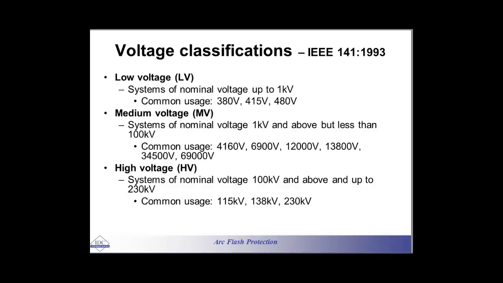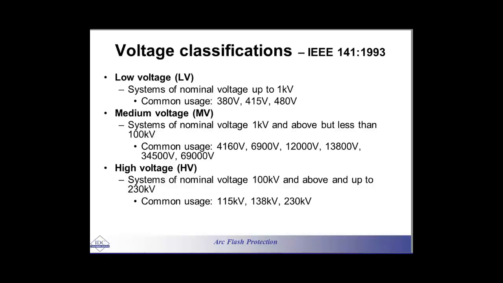All right. And what is the margin for HV? The margin for HV is 100 kV and above. Like 115 kV, 132, 138, 230 or something. So these are what we call the HV. What is between the two is what we call the medium voltage.